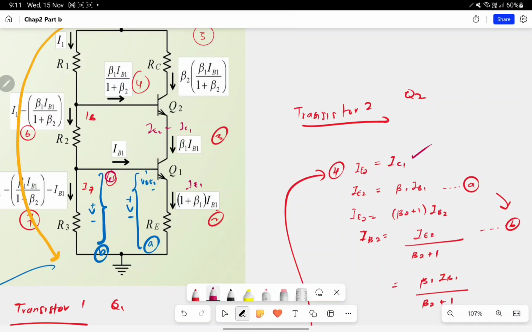So from that we know that IC1 equals beta 1 IB1, which is equal to IE2. Alright. So now to derive the next currents IB2 and IC2, we need to do reverse engineering.